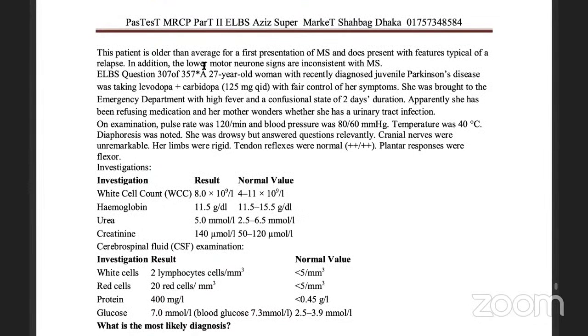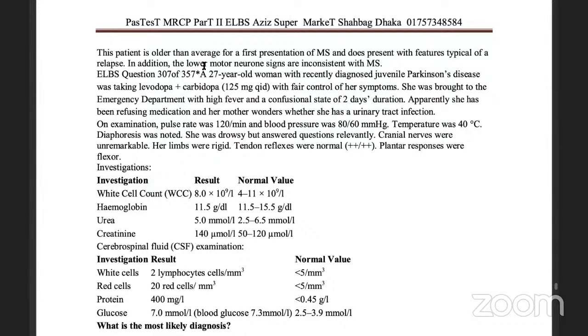This 70-year-old woman, recently diagnosed with Parkinson's disease, was taking levodopa and carbidopa with fair control of her symptoms. She was brought to the ED with high fever and a confusional state of two days' duration. Apparently she has been refusing medication, and her mother wonders whether she has a urinary tract infection.